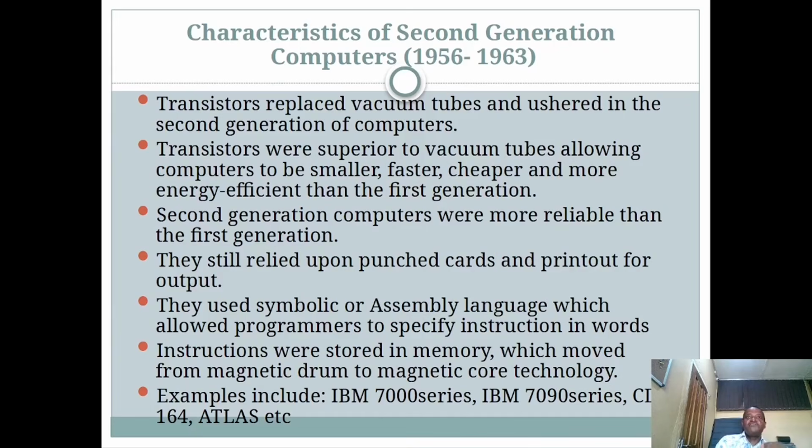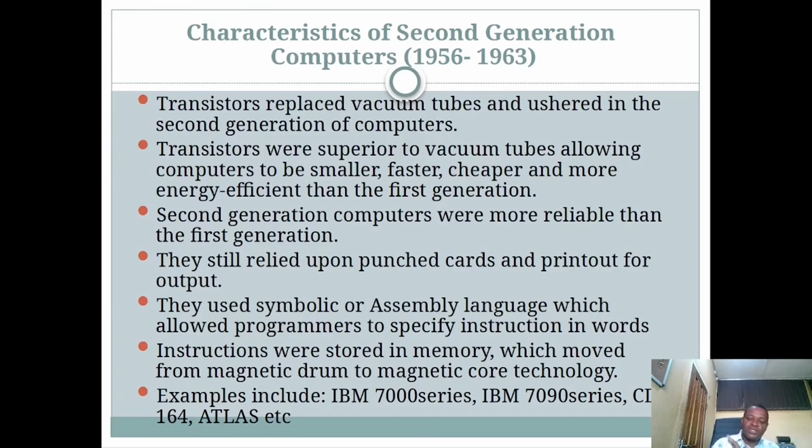Every character must be represented as a binary string. Every letter must be represented as a binary string. So everything was represented in binary. So if you make a mistake in one binary character, that means that you're providing the system with a wrong instruction or wrong data.